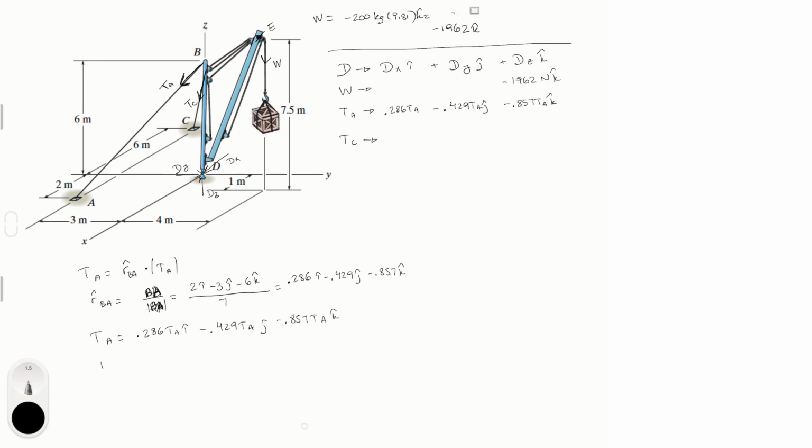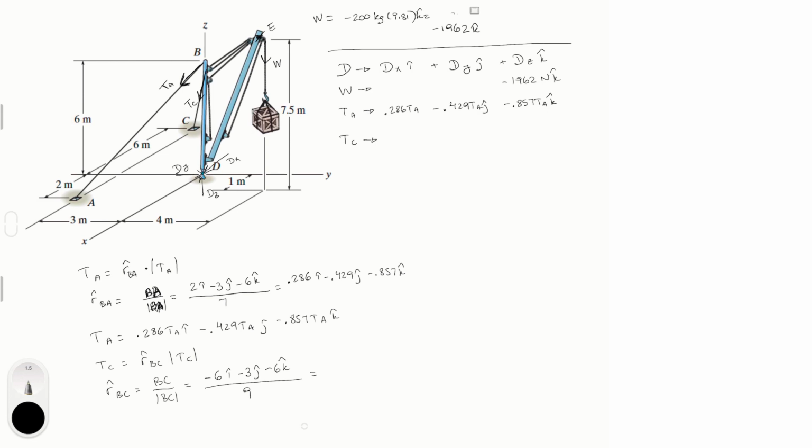Now we need to do the same thing for TC. I'm going to move a little faster on this one. Unit vector from B to C times the magnitude of TC. The unit vector from B to C is equal to the vector from B to C over the magnitude of that vector, which is equal to minus 6 in the I, minus 3 in the J, minus 6 in the K. And all of that over 6 squared plus 3 squared plus 6 squared, which should be 81, and square rooted is 9.